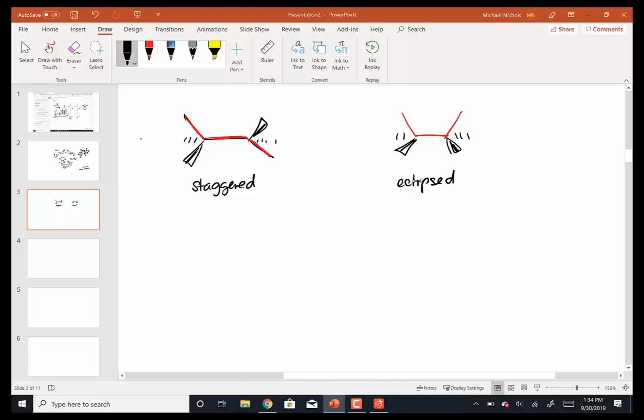So what they decided to do was to come over here and look down that carbon-carbon bond. And when you do that, what you will see is a bond that's straight up and down. That's the red one. And I'll go and color it. So then you see what's called a Newman projection.